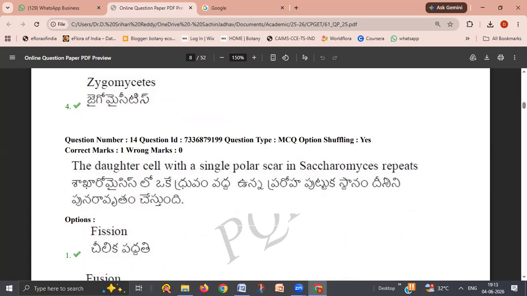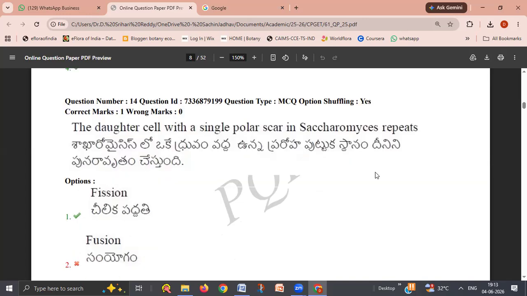Another species is Schizosaccharomyces, which undergoes fission, so it is called fission yeast. So budding and fission are the two types of reproduction methods in yeast.